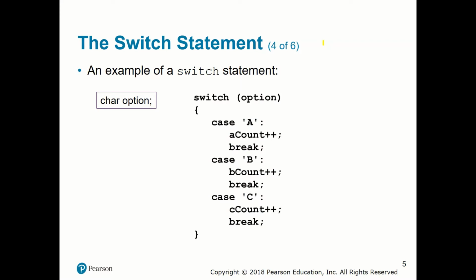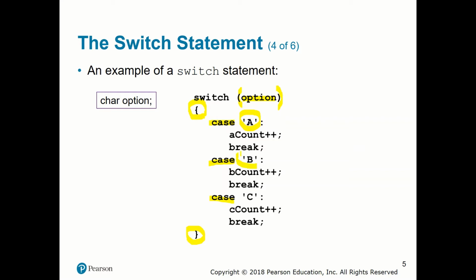This is an example of a switch statement with a break statement. Here, in the switch parentheses, we should put some expression. We can put a variable like this, and the brace should be here. And there are 3 cases. Beside case, there is a value, A, that can be an option.